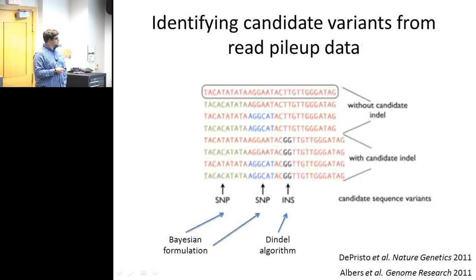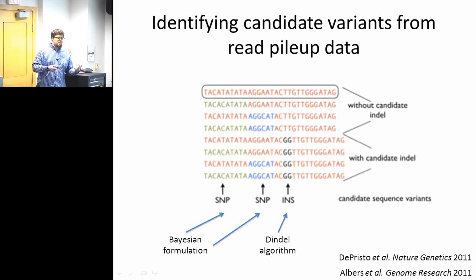So, sorry, that shows up a little bit grainy. The first step is to identify our set of candidate variants from this type of alignment back to our reference genome. In the case of a single nucleotide variant, the way that GATK works is actually a Bayesian formulation for individual genotypes.